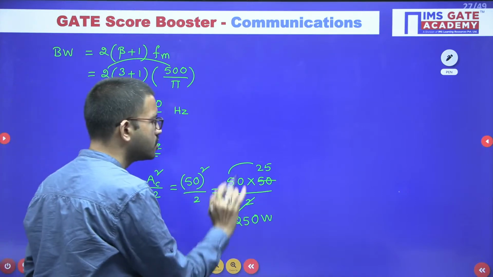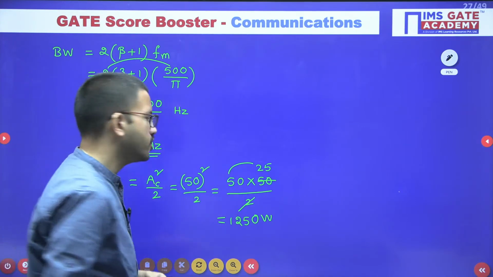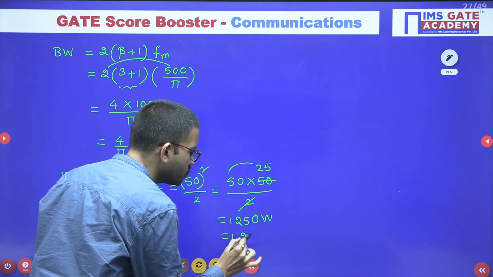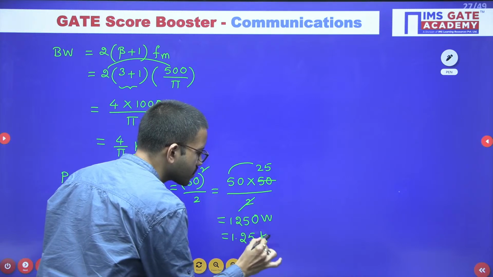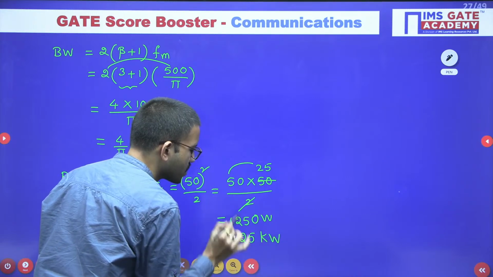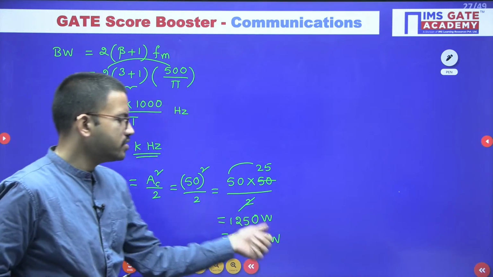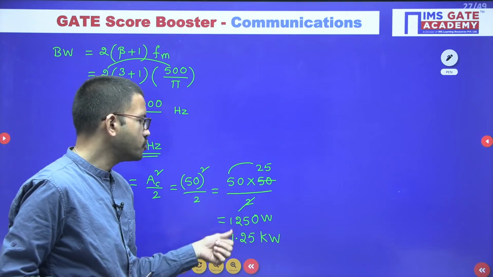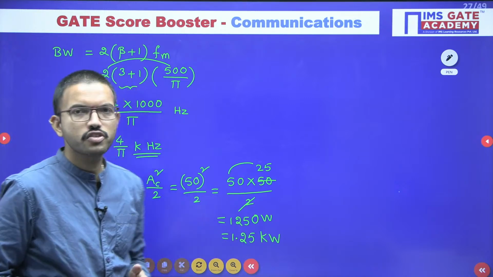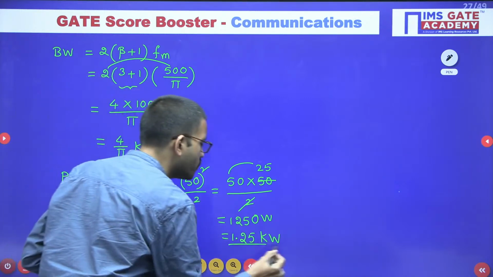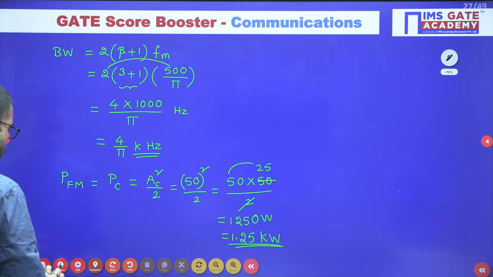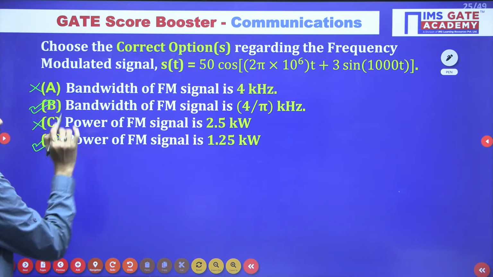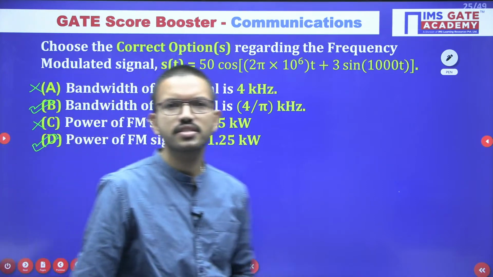So try to represent whatever answer you got in kilowatts. You can represent it as 1.25 kilowatt. When you multiply 1000 with 1.25, you get 1250. So 1.25 kilowatt is the correct answer. So obviously option C is not correct.